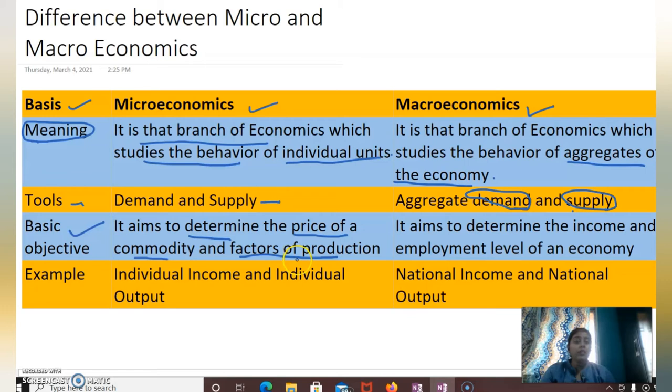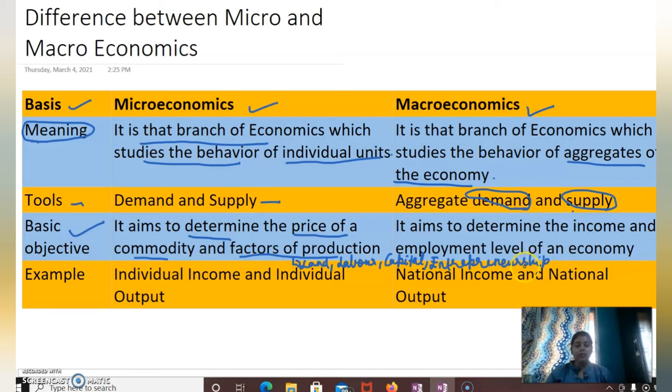As I have mentioned in my earlier videos, the factors of production are land, labor, capital, and entrepreneur or entrepreneurship. So we can easily decide the prices of these.